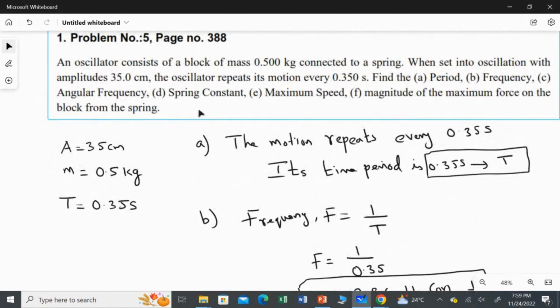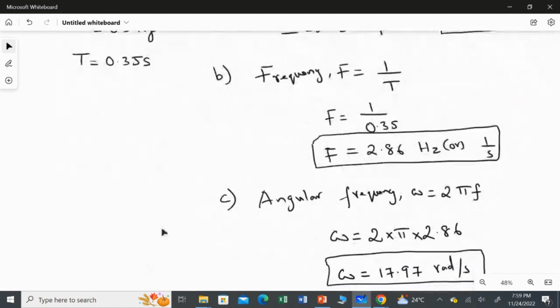We are going to find its spring constant. Generally we use Hooke's law for finding the spring constant, am I right? But we can't use that formula here because in this chapter we studied the angular frequency rule.